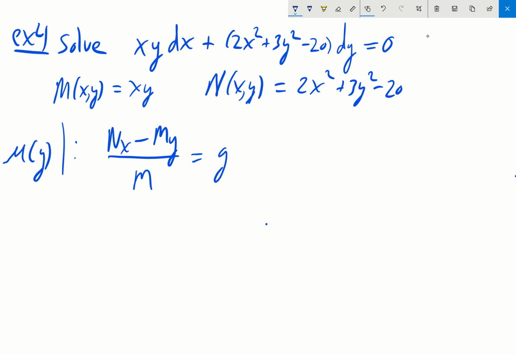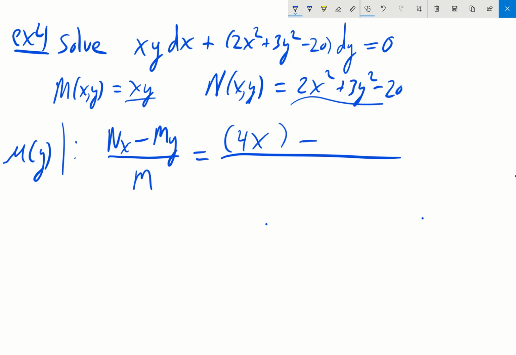So we need this to be some function of y in order to get an integrating factor for this problem. The partial of N with respect to x would be 4x. The partial of M with respect to y is going to be x. And then we're going to divide this by M, which is x times y.